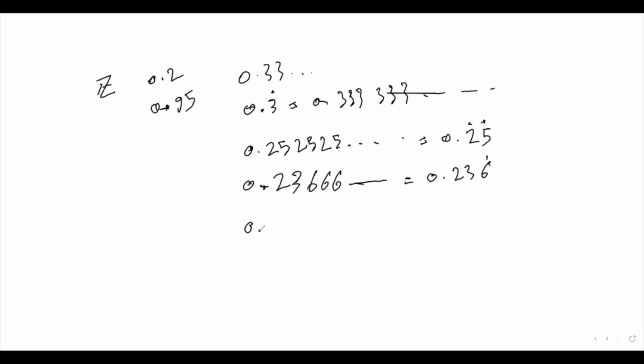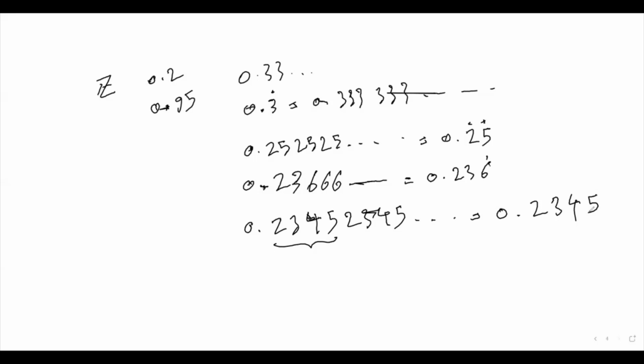And just the last example, to take a look at it. If we have more than 3 digits that keep repeating, such as 2, 3, 4, 5, 2, 3, 4, 5. So you see the cycle, it's the 2, 3, 4, 5 that keeps repeating. So if you want to write this in short, you don't have to put a dot on top of each decimal. What you can do is just put a dot on the first digit and the last digit that keeps repeating.